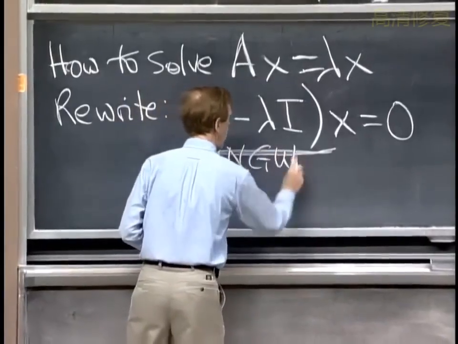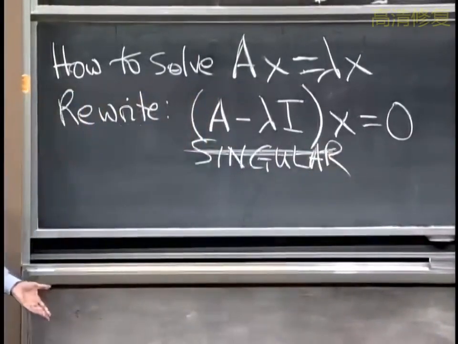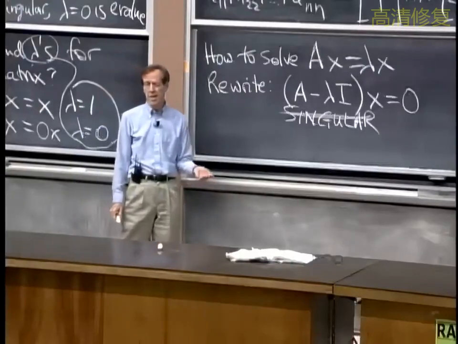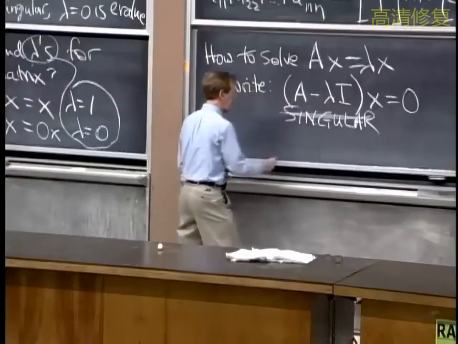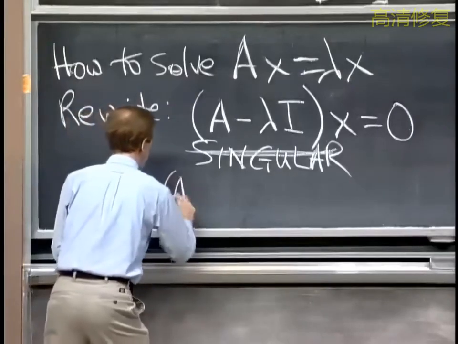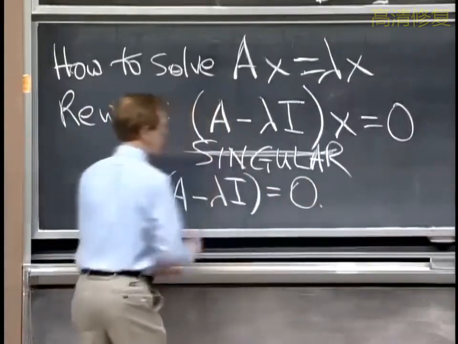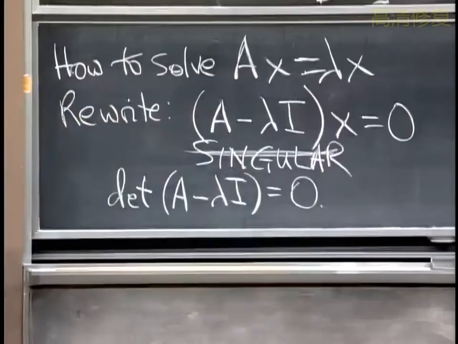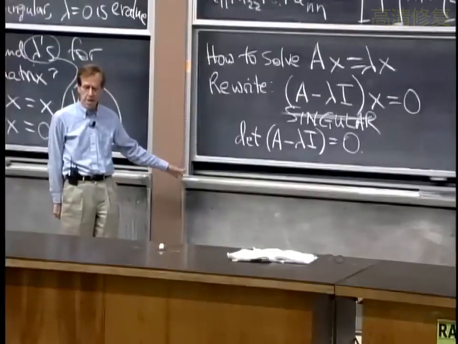And what do I now know about singular matrices? Their determinant is 0. So from the fact that that has to be singular, I know that the determinant of A minus lambda I has to be 0. And that, now I've got x out of it.